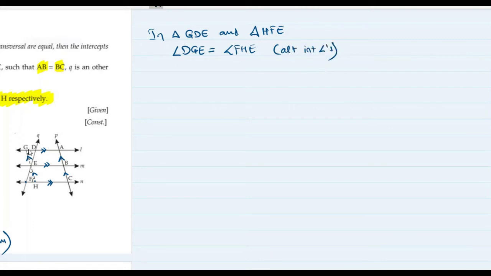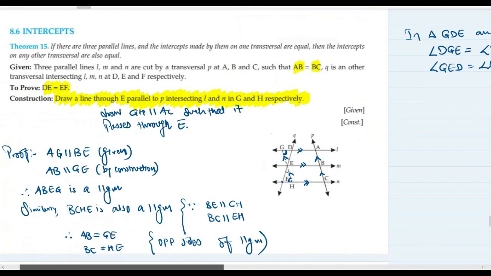I'll just locate these angles for you. Angle DGE is over here. Angle FHE is over here. This is angle FHE, alternate interior angles. Also, angle GED is equal to angle HEF, vertically opposite angles.